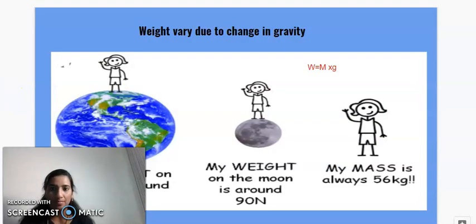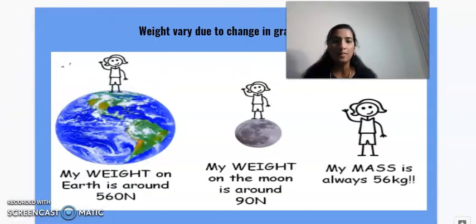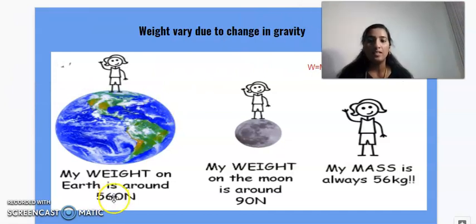For example, weight may vary due to changing gravity. See, this person is on the earth, and the weight is measured in Newton. So on earth the weight is 560 Newton.